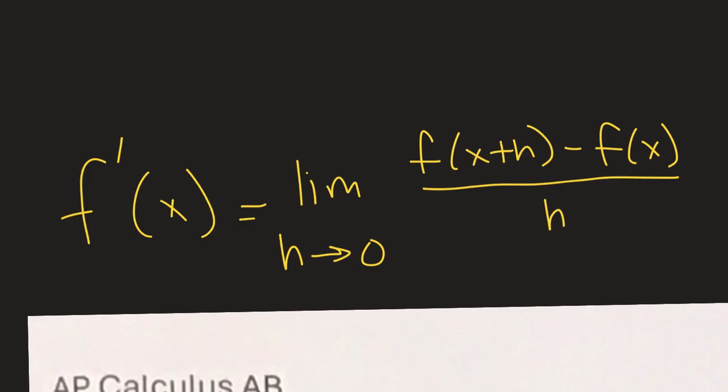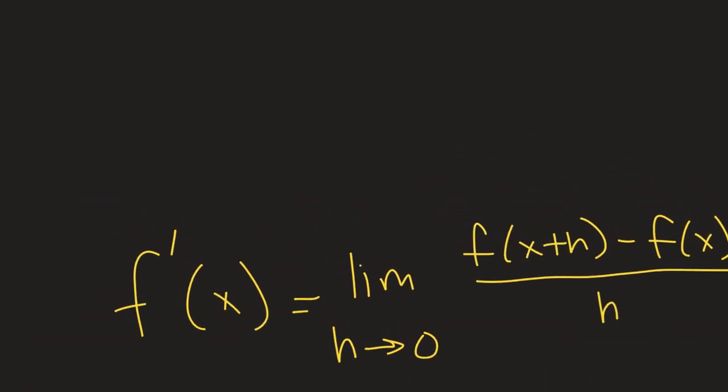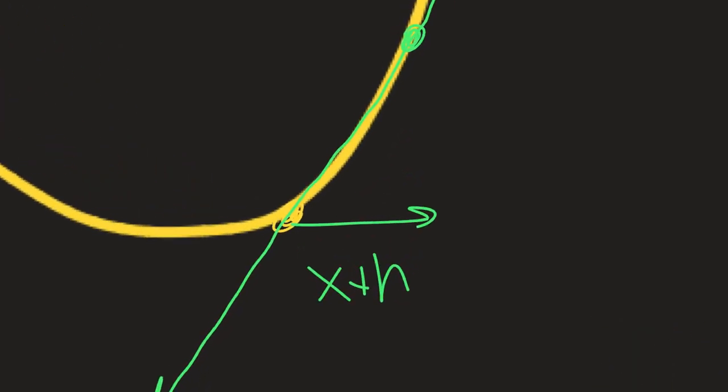So we're basically having a secant line. Let me see if I can draw this. So we have an x value here maybe, and then we have an h value over here. So this is your x plus h. And right now we have ourselves a secant line because we're involving 2 points. And what's happening is this distance right here is getting smaller and smaller and smaller as h goes to 0.